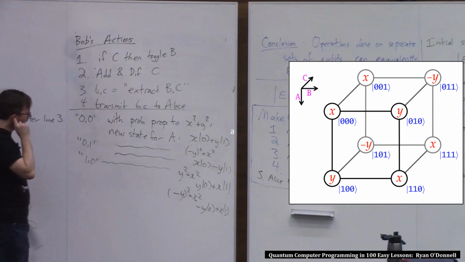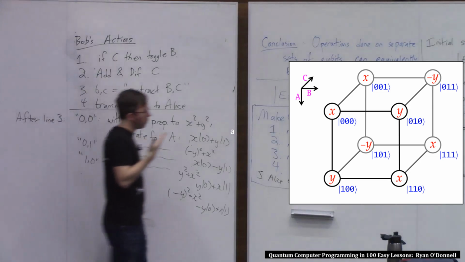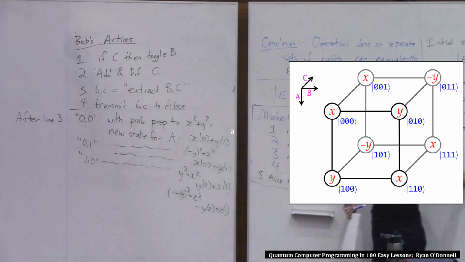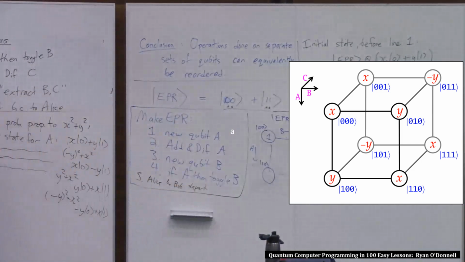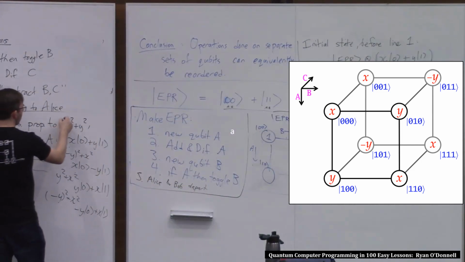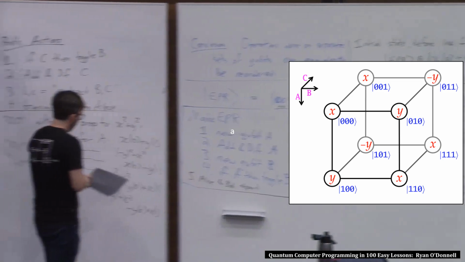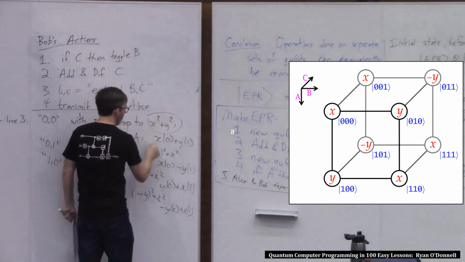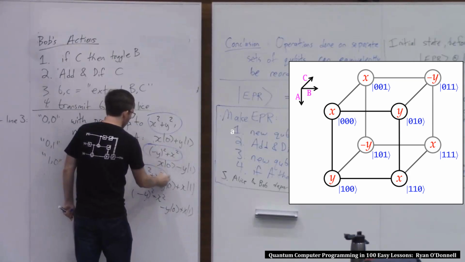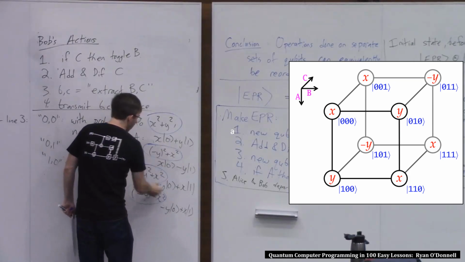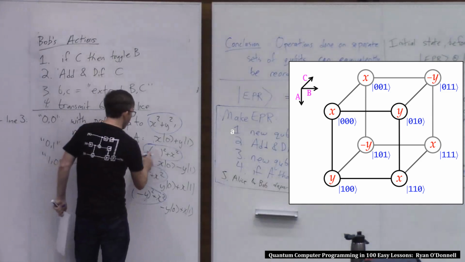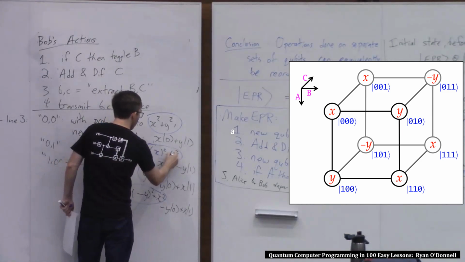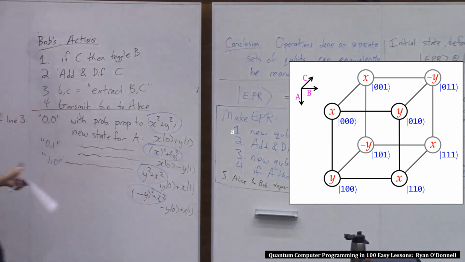Okay, but there are two takeaways here. The main takeaway is that we're basically done because we have basically x and y on each of these. But first of all, let's look at the probabilities proportional to. All these quantities are just x squared plus y squared, because it doesn't matter what order they're in or whether there's plus or minus.